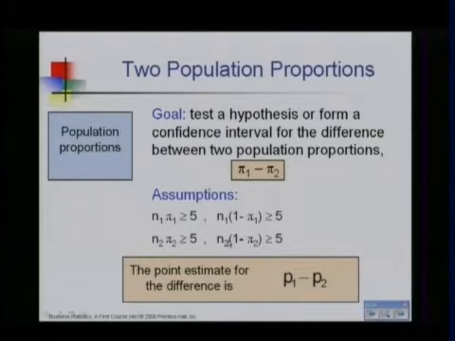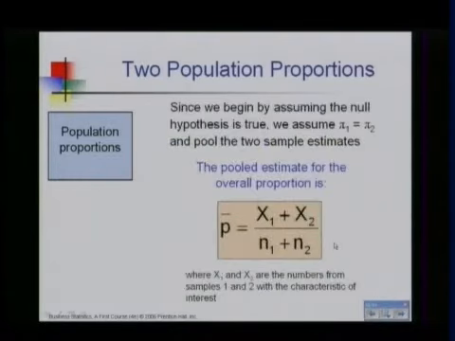Okay, we're going to use a sample difference to estimate the population difference. So we use the symbols P1 and P2 to correspond to the sample proportions and pi 1, pi 2 to correspond to the population proportions. Okay, we're going to also use a calculation of something we call P bar, which is the average proportion.